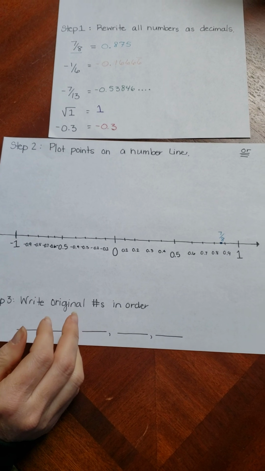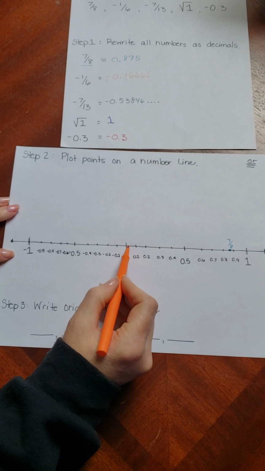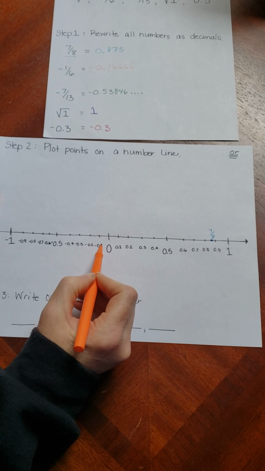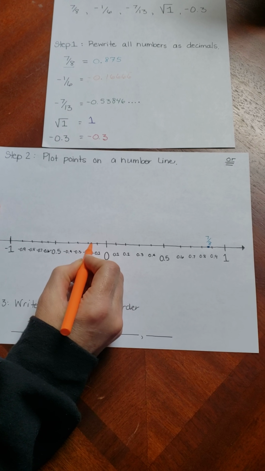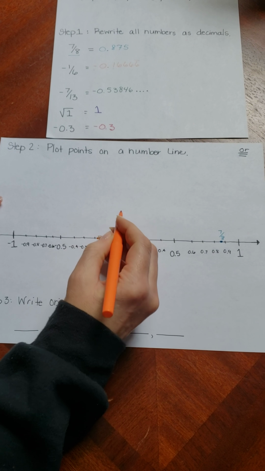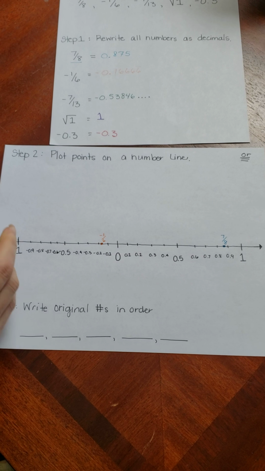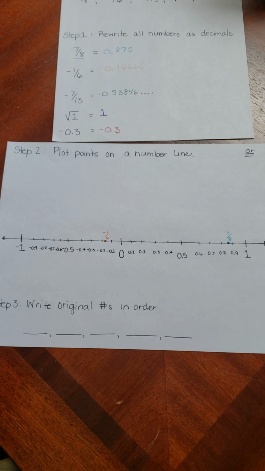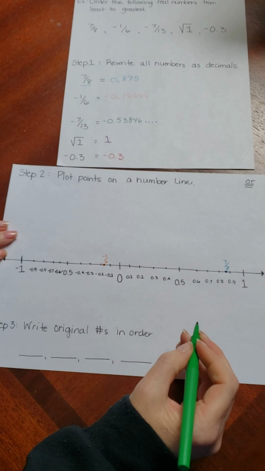The next one's negative 0.16 repeating. So we go negative 0.1, almost to 0.2. And that was equivalent to negative 1/6. Now negative 7/13 is negative 0.5384.